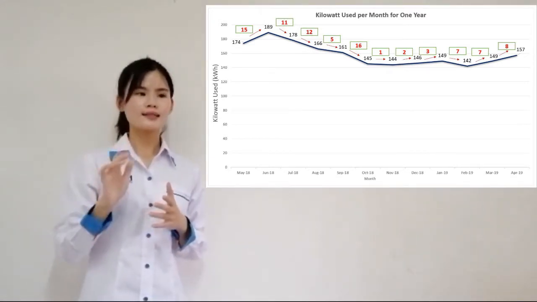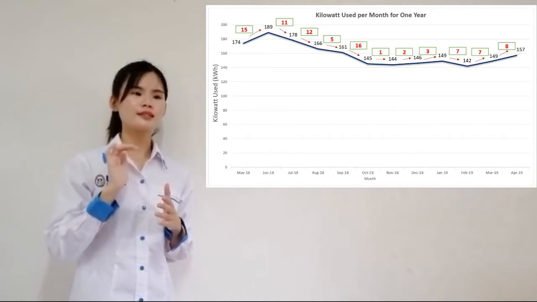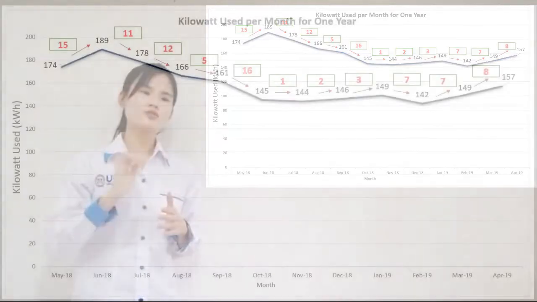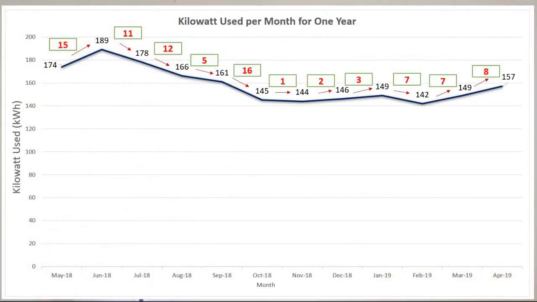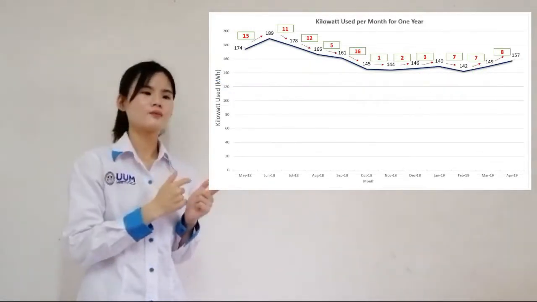The kilowatt has increased to 146 kilowatt and 147 kilowatt in December of 2018 and January of 2019, while it decreased to 142 kilowatt in February of 2019 and rose to 149 kilowatt in March of 2019.